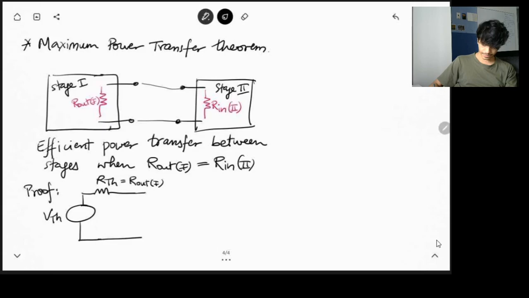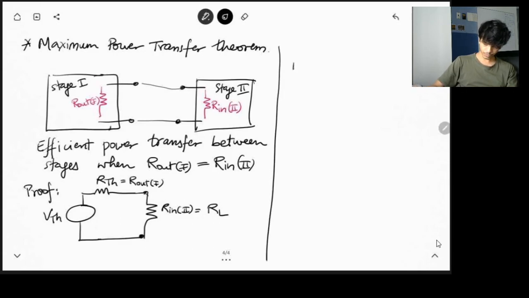And this I'm going to connect to the input resistance of R2, which in this case is playing the role of the load resistance. So now it's easy to calculate what is the current flowing through the load resistance. It is just VTH divided by RTH, which means that the power is I square R.